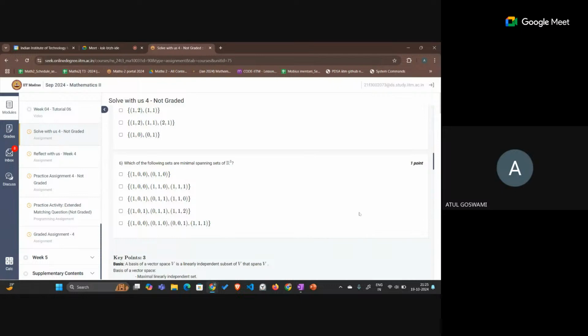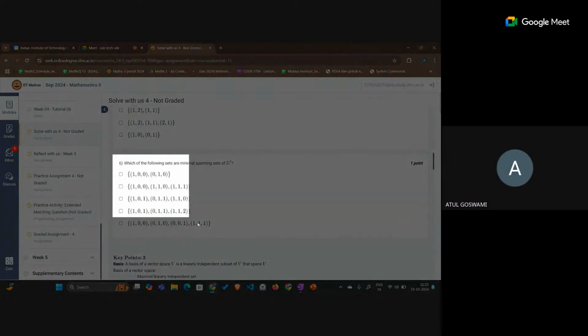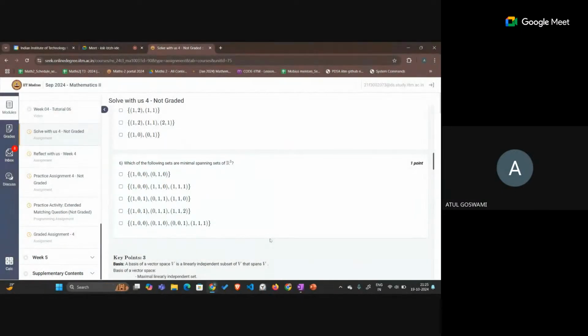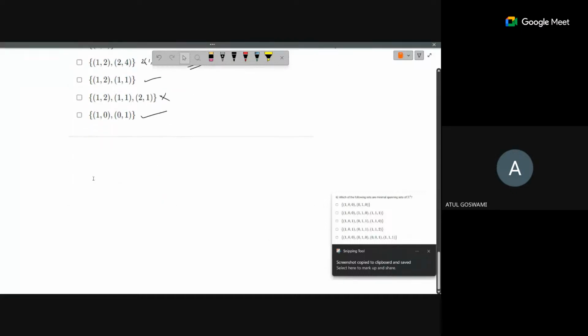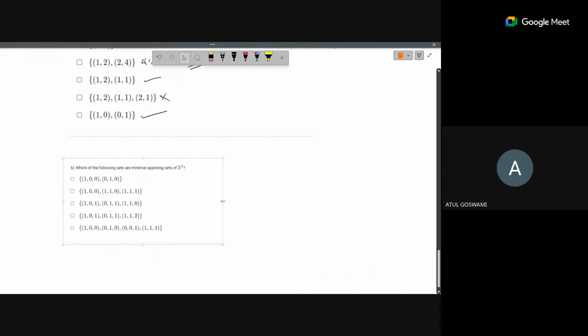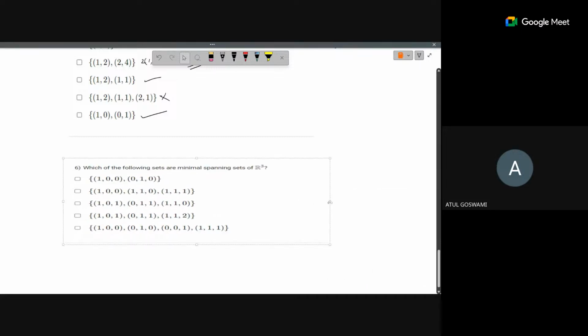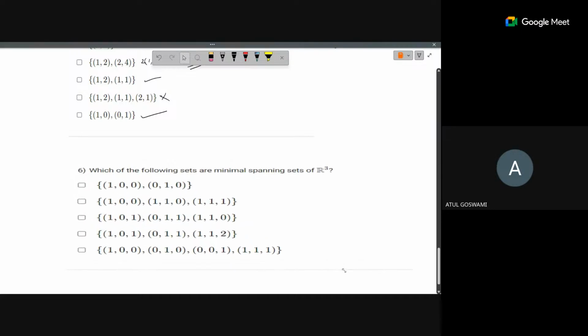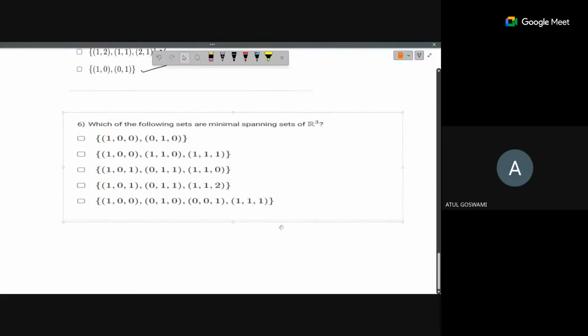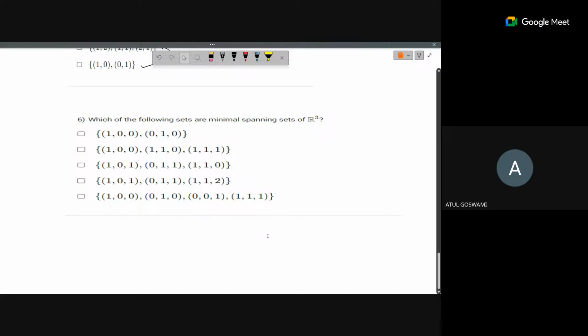Solve this question, the sixth one. It is saying which of the following sets are a minimal spanning set in R3.